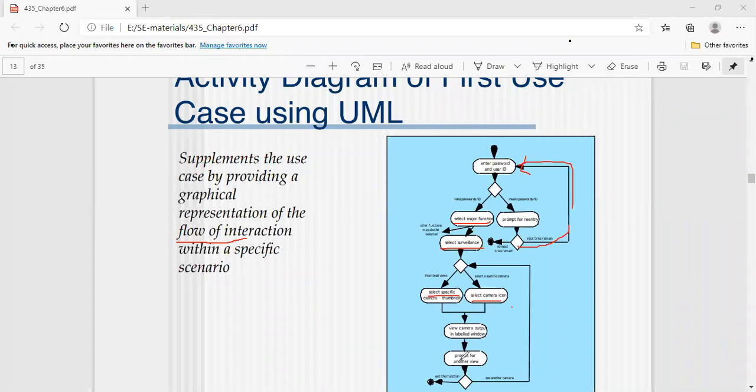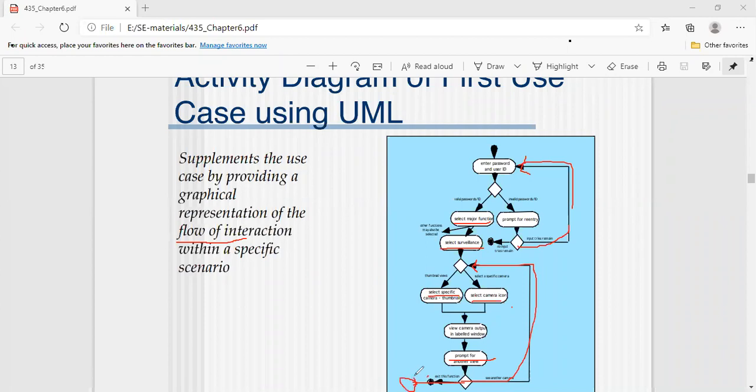Like that, he may change the views of particular cameras. He may go back if he wants to change to another view, or otherwise he may come out of the cameras area.